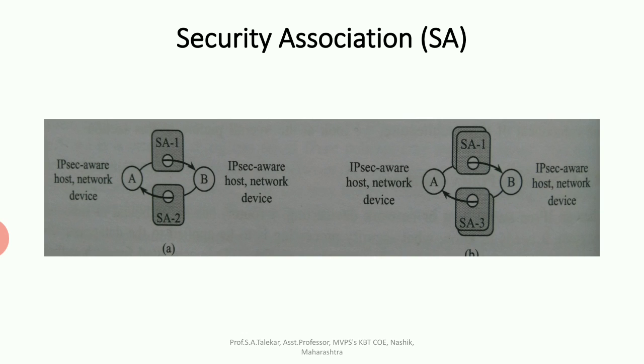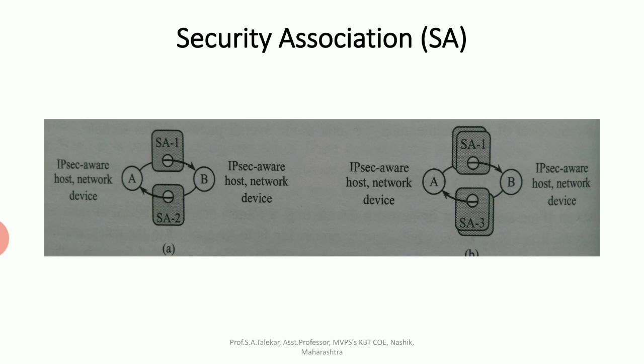Separate security associations are defined for each direction of communication because security policies can be asymmetric. Therefore, each session requires at least two security associations for two-way communication.